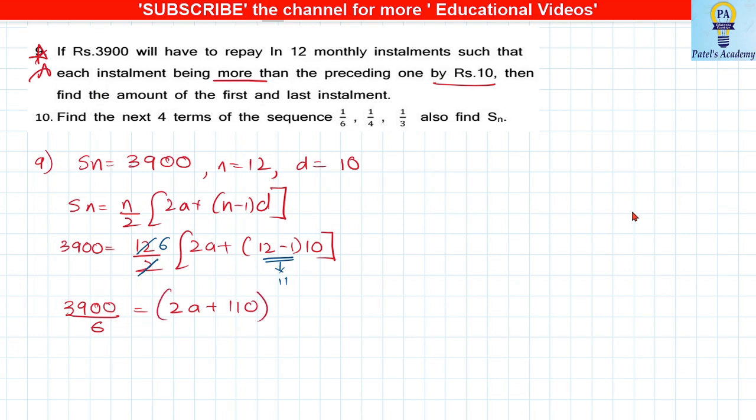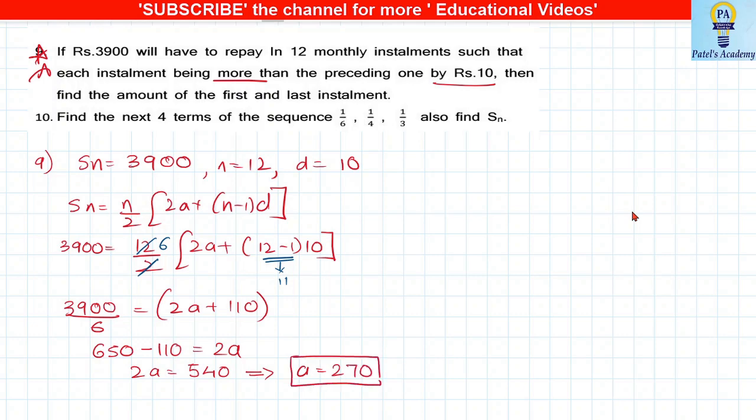Okay, so when I divide, what I get is 650 minus 110 equals 2a. So 2a equals 540. After I shift, I get a equals 540 upon 2, that is a equals 270.